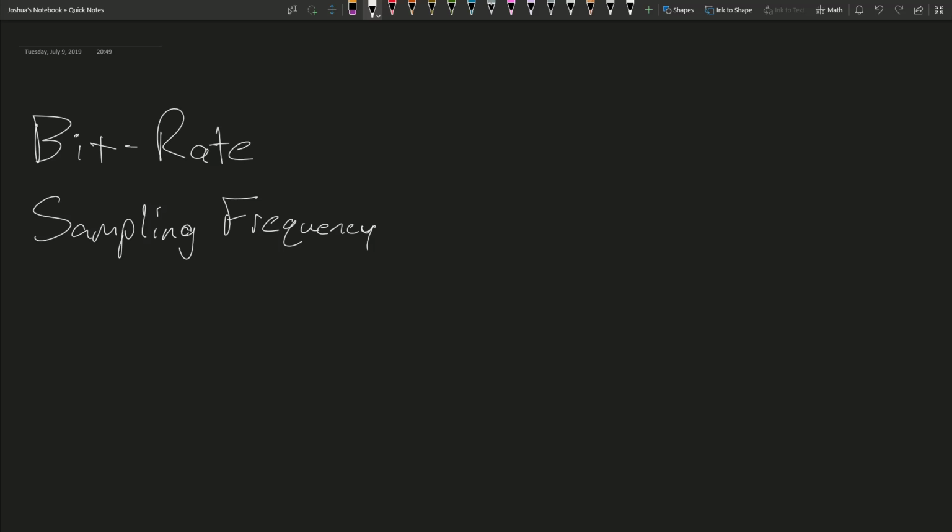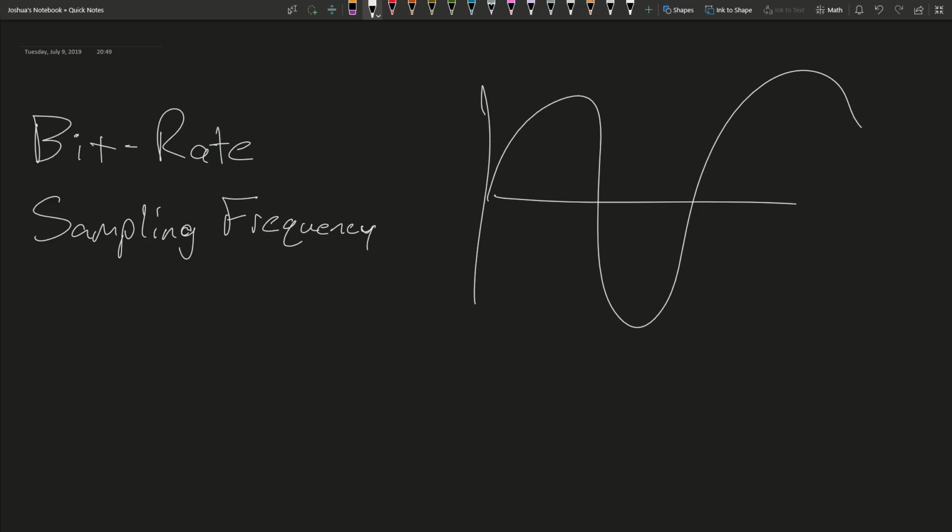So when we look at a large signal, we'll just see this, and this in digital is on a scale from 1 to negative 1.